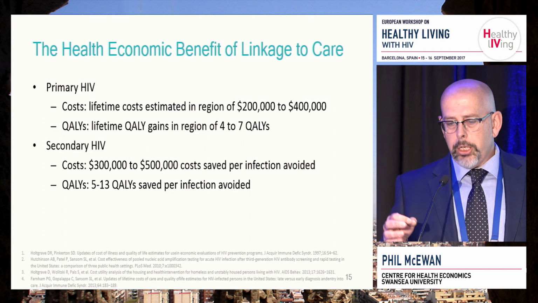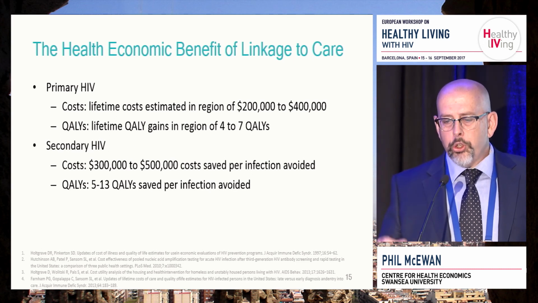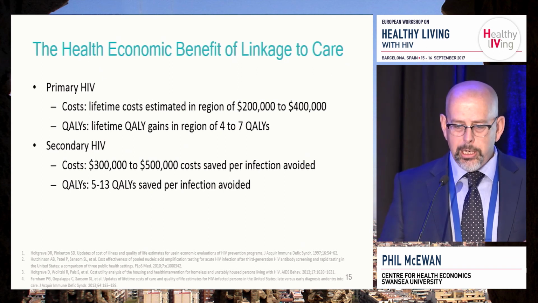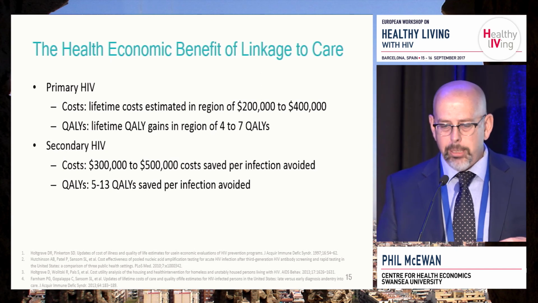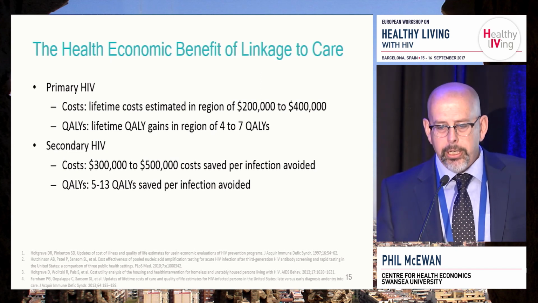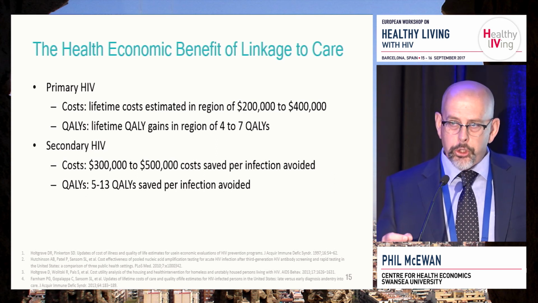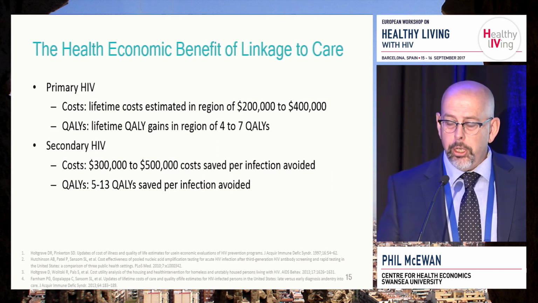It's not really until you start considering secondary HIV, so the consequences of future infections avoided, that the benefits of identifying patients and linking and retaining them in care really become evident. And here we're looking at $300,000 to $500,000 of costs saved per infection avoided.